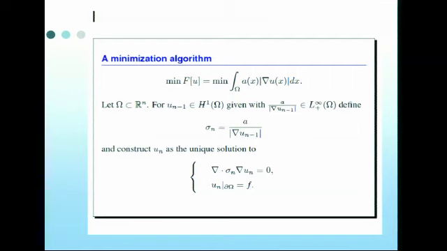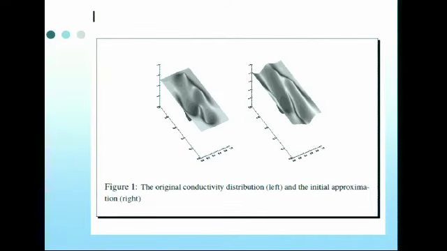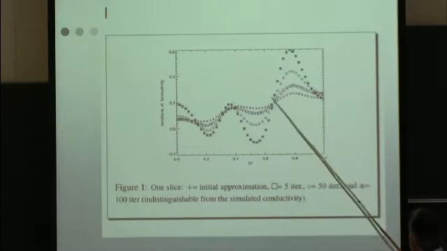This was our first sort of try, and some weak convergence results at an algorithm. Which worked fairly well. So on this picture, I can just show you we start with an initial approximation, which is the curve with the pluses.